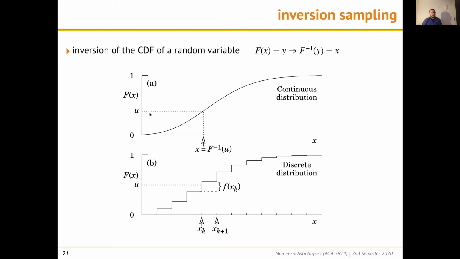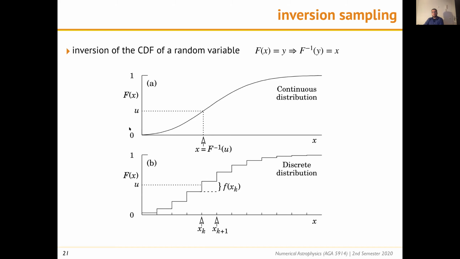I'll find the cumulative distribution, like this. And then I'm going to draw a random number, u. And then I'll just see where this random number intercepts my curve, which is a continuous, monotonic function in the case of the CDF. And then I'm going to project this onto the x-axis, and I'm going to see what's the value of x that I've just sampled.